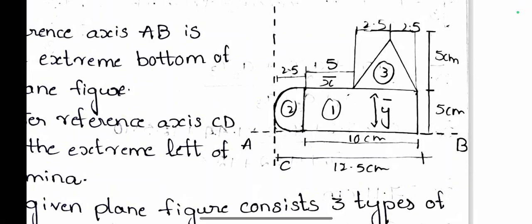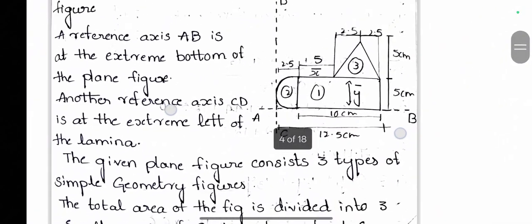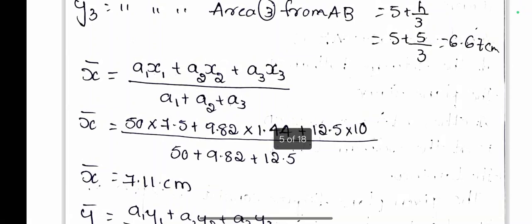To find the distance of the center of gravity of the whole plane lamina from the axis CD, X bar equals the formula A1 X1 plus A2 X2 plus A3 X3 divided by A1 plus A2 plus A3.